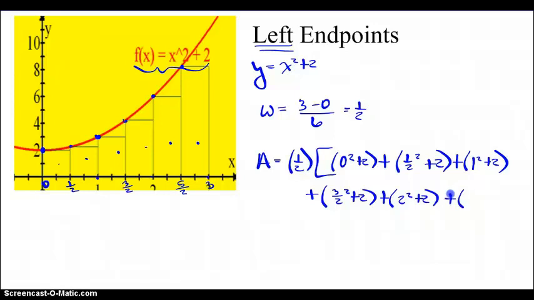And finally, 5/2 squared plus 2. That would be my final height. So there's the approximation for that area trapped under the curve y equals x squared plus 2 from x equals 0 to x equals 3 and above the x-axis.